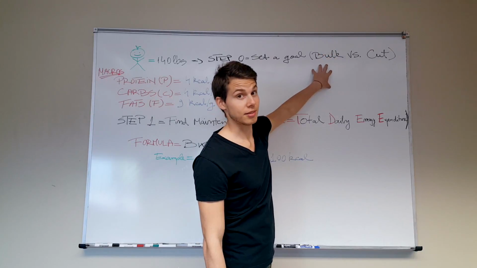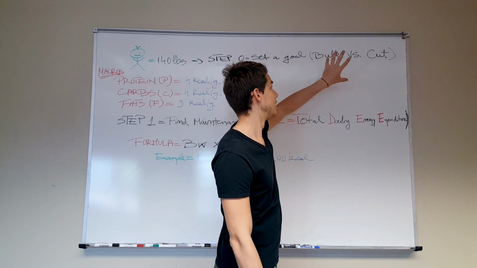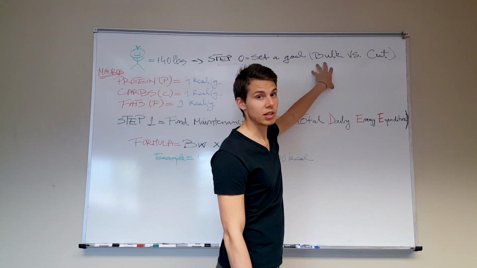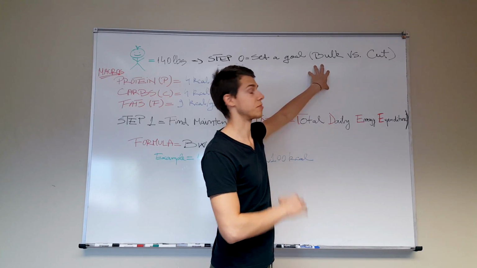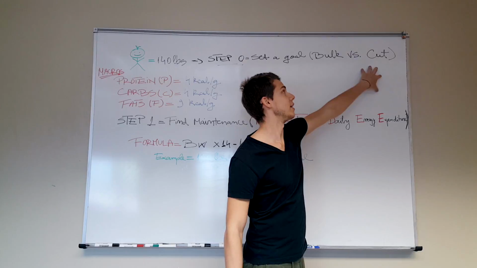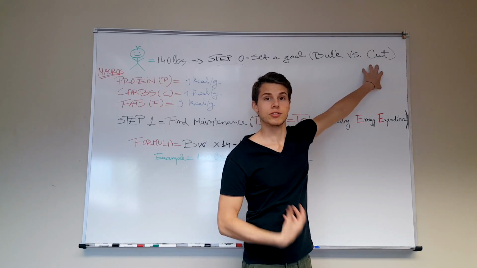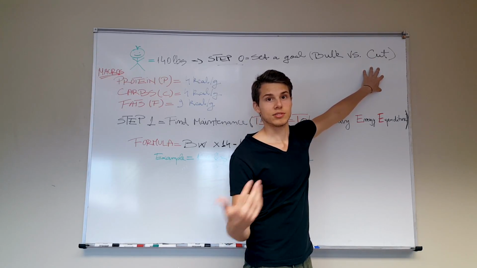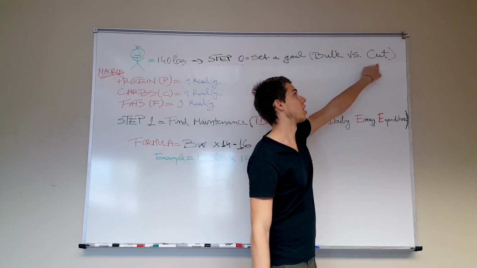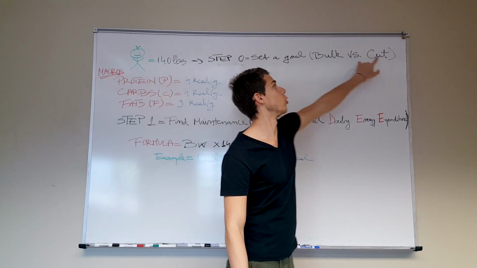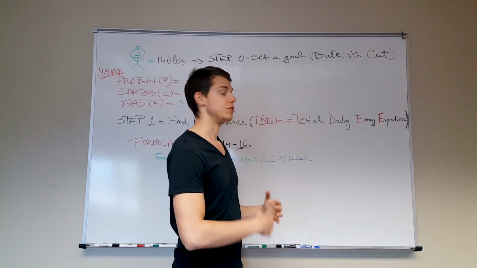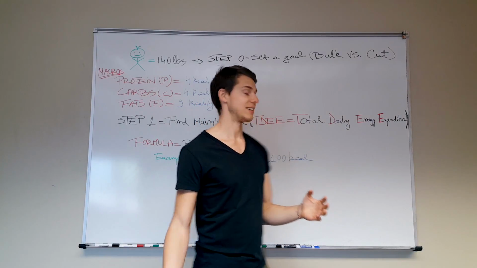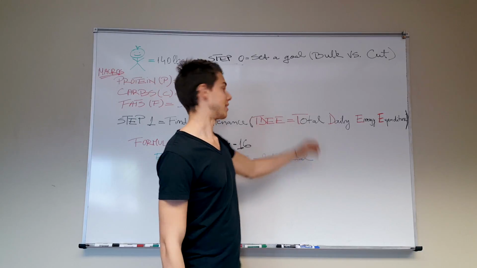If you want to gain some frame and muscle mass, then choose to go with the bulk, which I'm going to explain primarily in this first part of the video. Or do you want to lose weight and body fat and get shredded or leaner for the summer? Then pursue a cut, because depending on which goal you choose, you'll need to eat more or eat less than your daily maintenance.